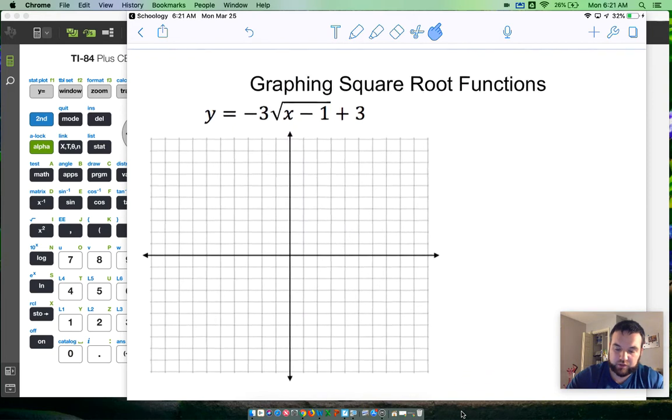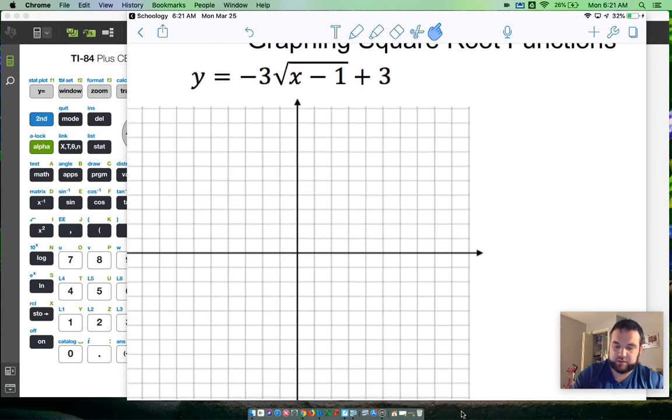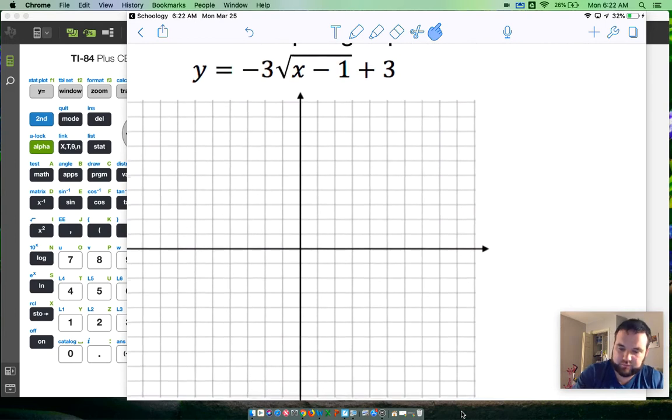Okay, so if I have something like this, and this is a square root function that I want you to graph, it's kind of a lot to look at, but here's how I like to do it. What I like to do is pretend that the translations don't exist.